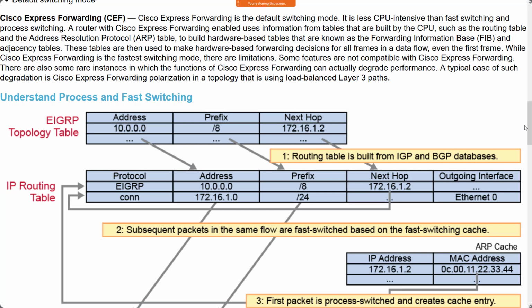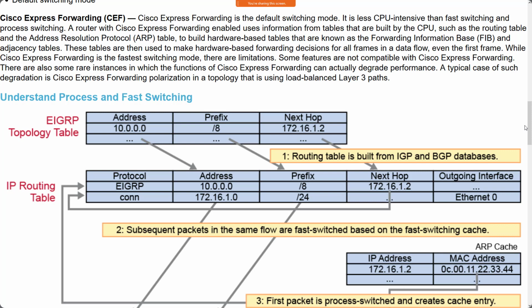All right. They mention here, for example, in the last part of this first paragraph, some features are not compatible with Cisco Express Forwarding. There are some instances in which Cisco Express Forwarding can downgrade performance, and that happens particularly when it comes to load balancing multiple paths with a routing protocol.